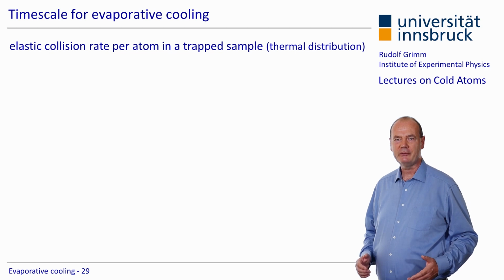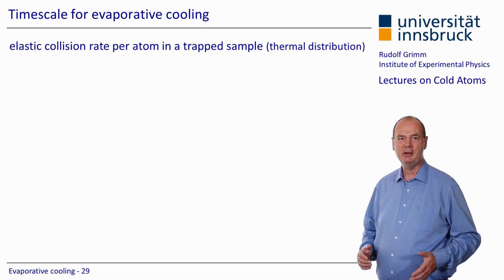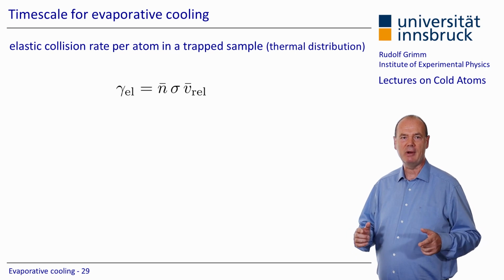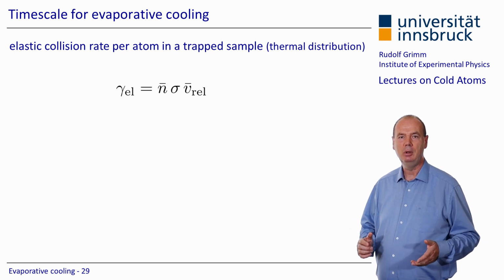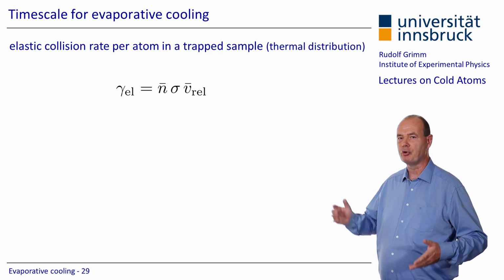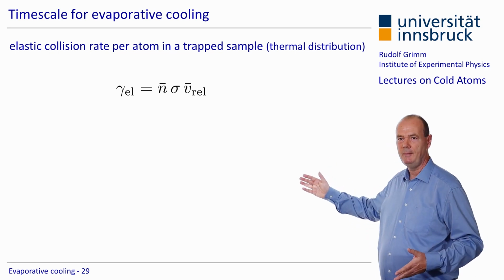Finally, we have to discuss the time scale for evaporative cooling. And this is set by the rate at which elastic scattering takes place in the trapped sample. The elastic scattering rate per atom in a trapped sample can be calculated as a product of 3 factors.